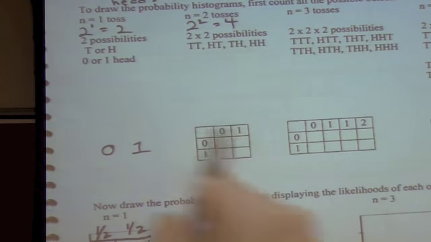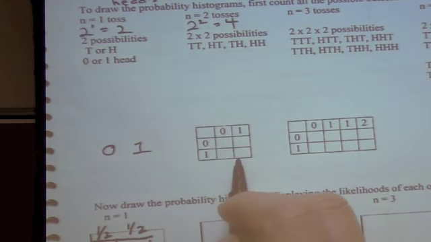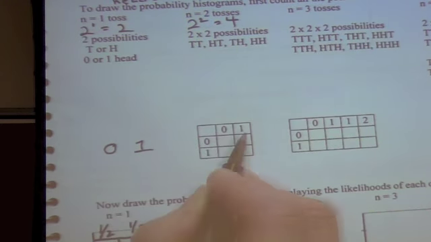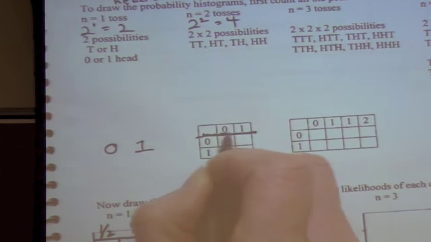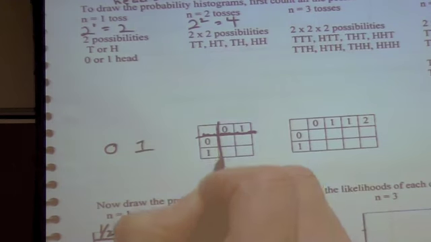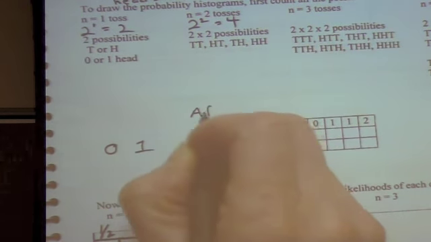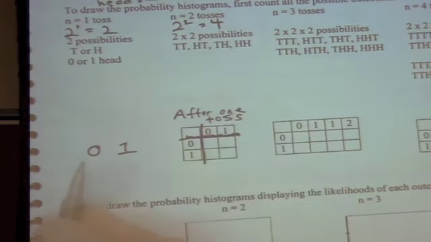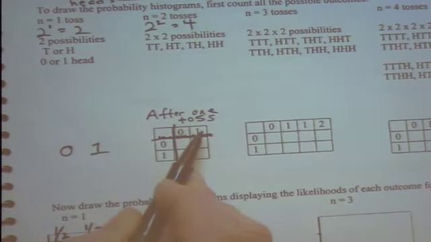And if you wanted to draw a little table to figure it out, even though it's pretty easy to write it out, you could think, after 1 toss, it's easy. And there's 4 possibilities here. So this is after 1 toss. In 1 toss, we have either 0 heads, a tail, or a head.